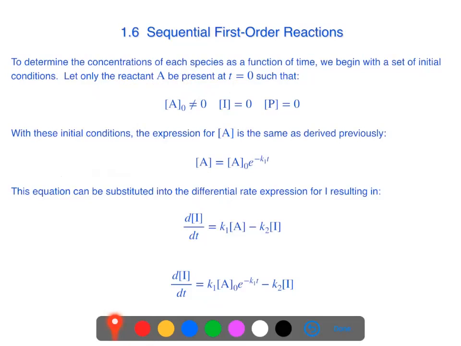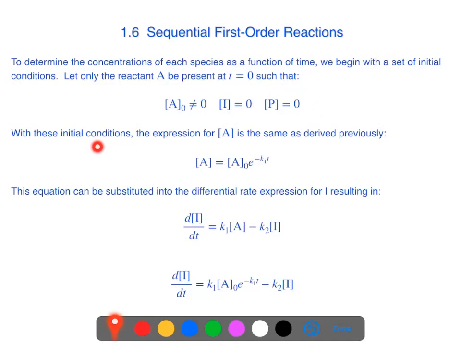That is, that the initial concentration of A is not equal to 0. That is, we have our reactant species. But at that same t equals 0, no intermediate has formed and also no product is formed. Okay, so if there's no intermediate present, of course, we can't form the product because, as shown in our scheme, the only way to form the product is through that intermediate.